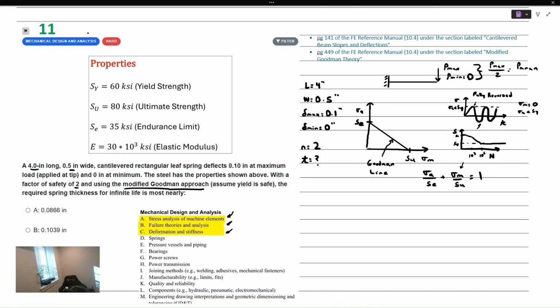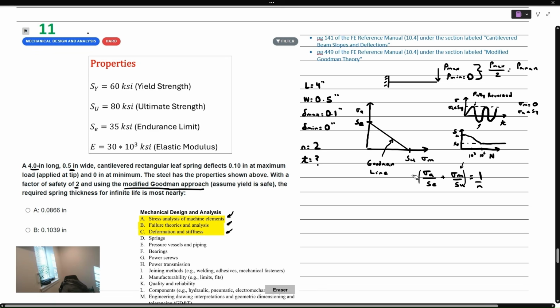And if you set your alternating stress equal to the endurance limit, you get 1. And if you had a zero valued alternating stress and you set your mean stress equal to the ultimate strength, you get 1. To incorporate the factor of safety, we simply scale up these stresses until we hit 1, right? Or we can move the n over like this, and this is essentially the Goodman line.